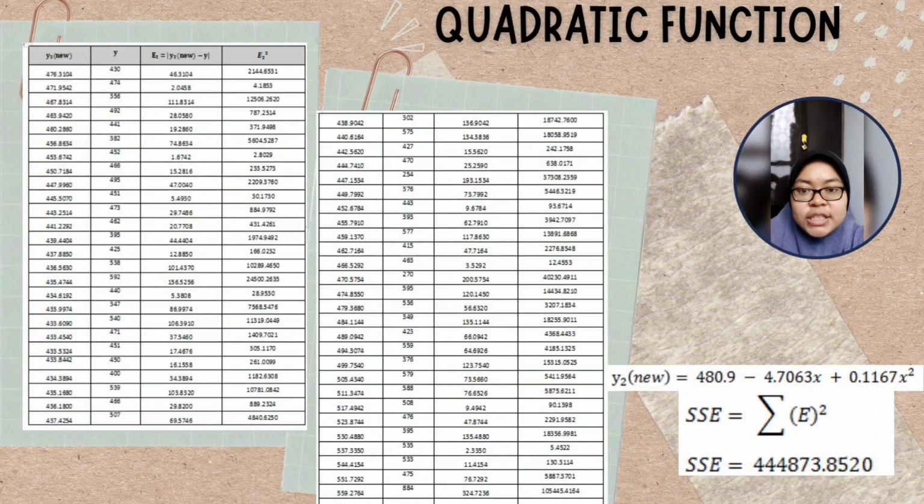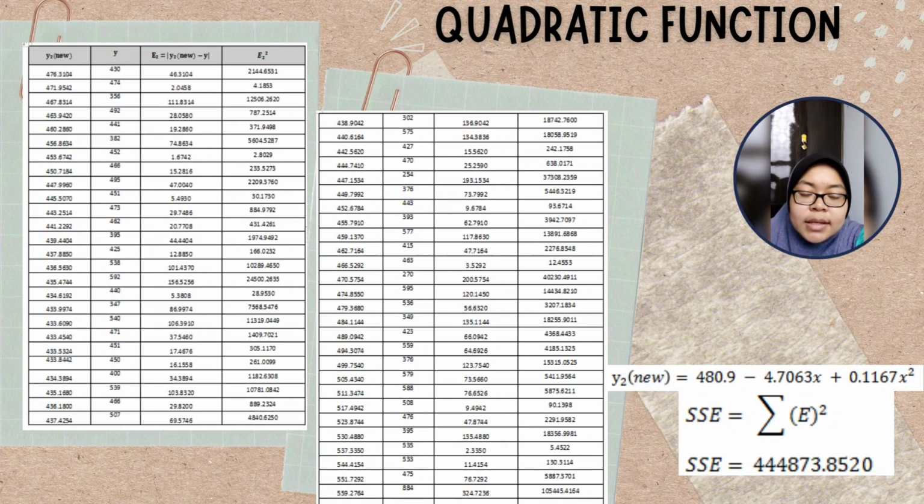SSE for the quadratic function. Because we get the equation for the quadratic function is y equal to 480.9 minus 4.7063x plus 0.1167x squared, we substitute the value of x into the equation to get the value for y2 new. After we substitute all the values of x into the equation, we calculate the absolute error, that is y2 new minus y for this quadratic function.